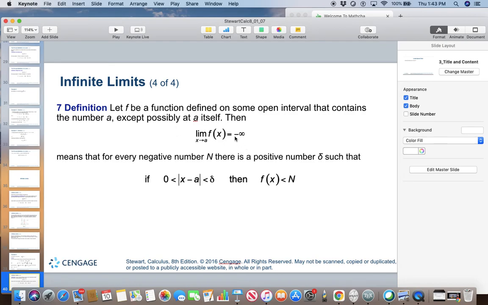On the other hand, negative infinity, it's a similar definition. Let f be a function defined on some open interval that contains the number a except possibly a itself.